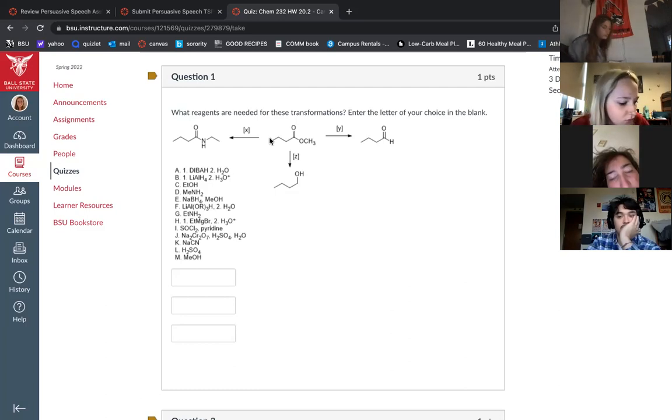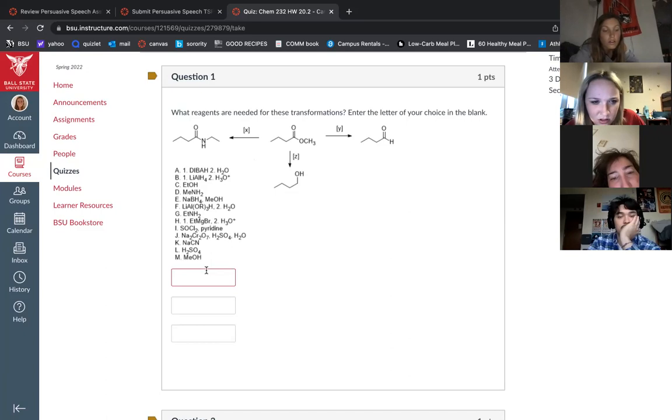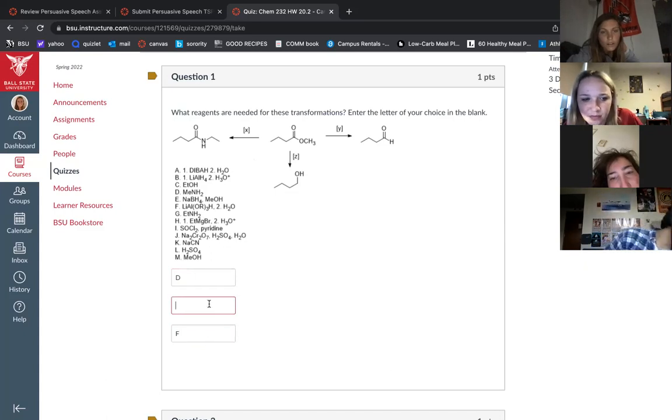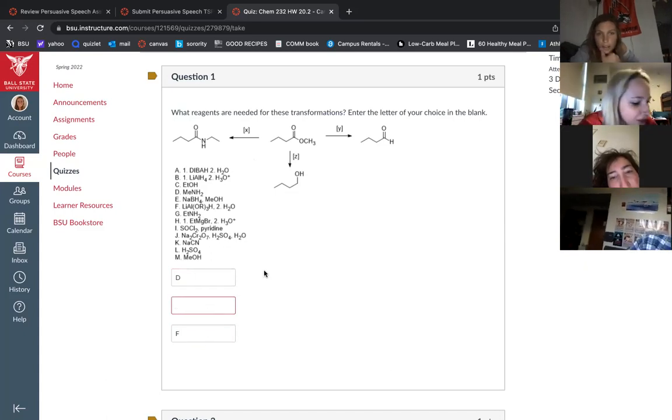What page is that on? I guess it would be D because it's a methyl. Is that a methyl? Yeah, that's methyl. The last one should be F. Okay, so it's D and then F. It's Z, so the very last one should be F. I haven't figured out why though.